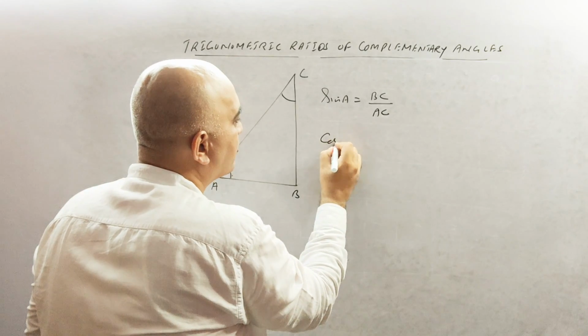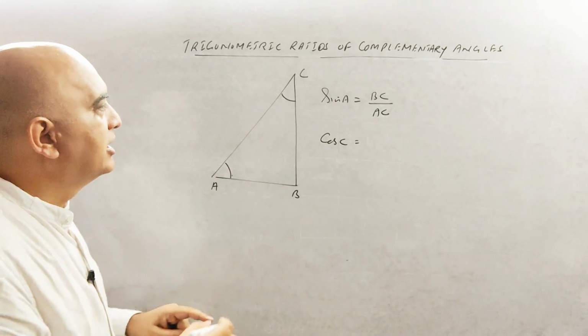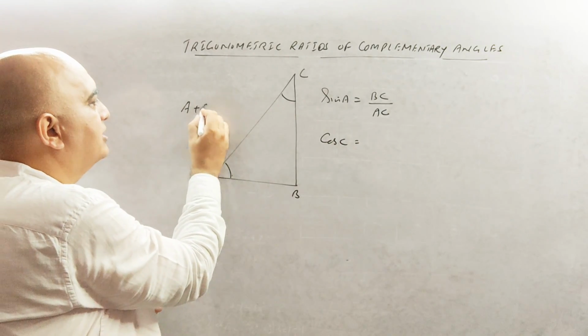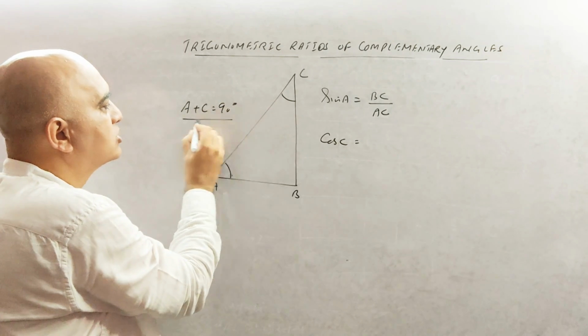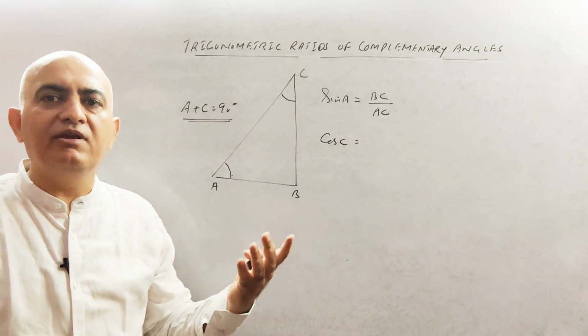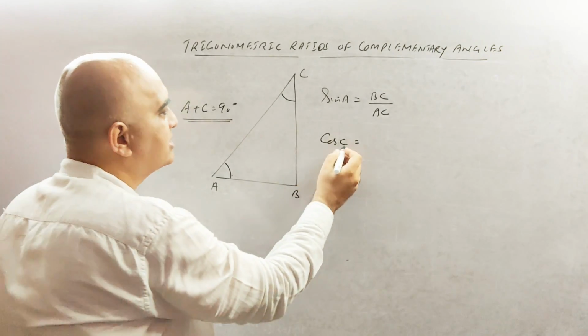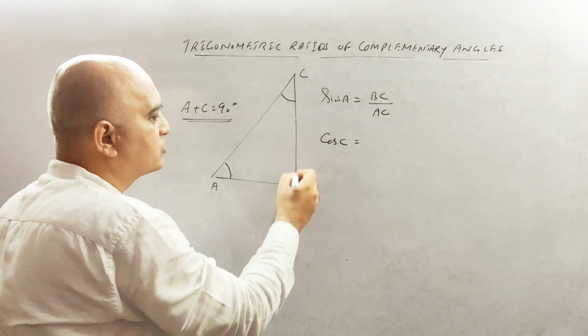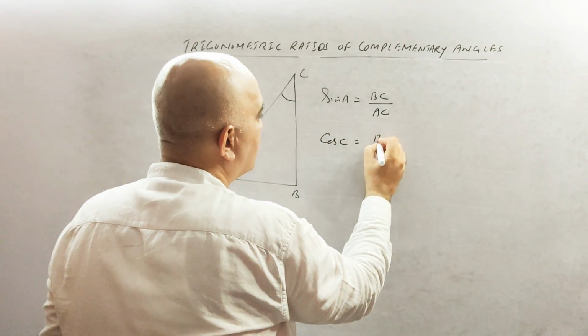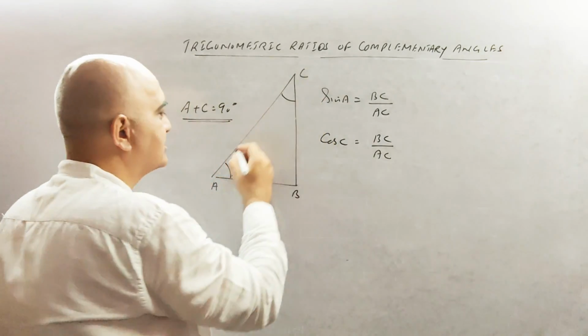And what is the value of cos C? Basically, the sum of A and C is 90 degree. So A and C are the complementary angles, right? So for cos C, this will be the base BC upon hypotenuse, that is AC.